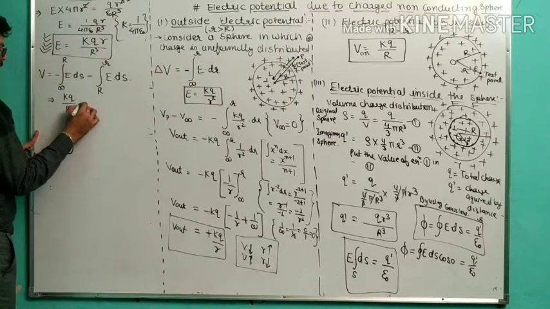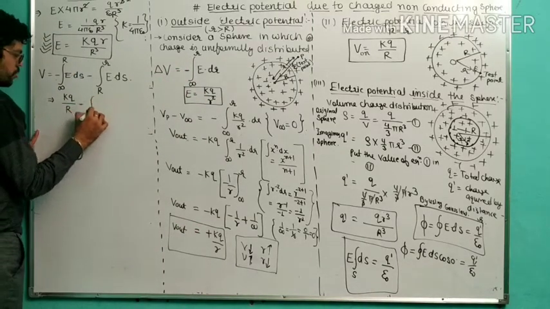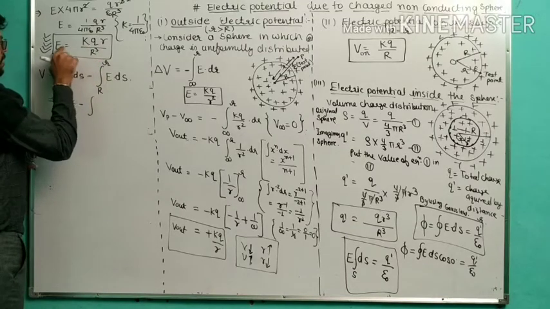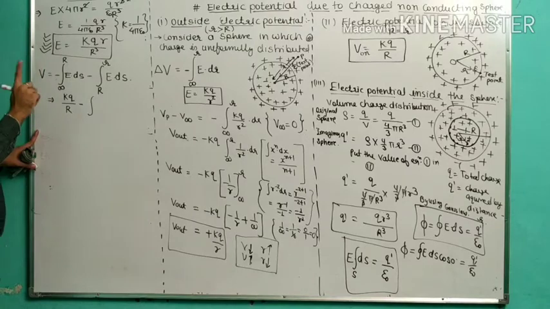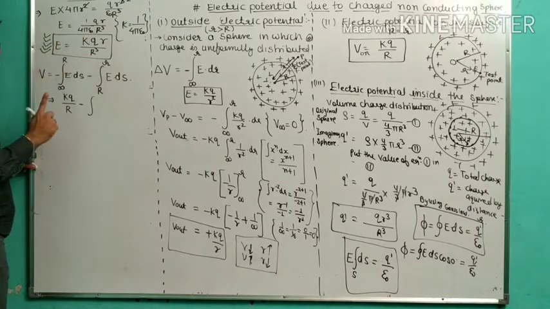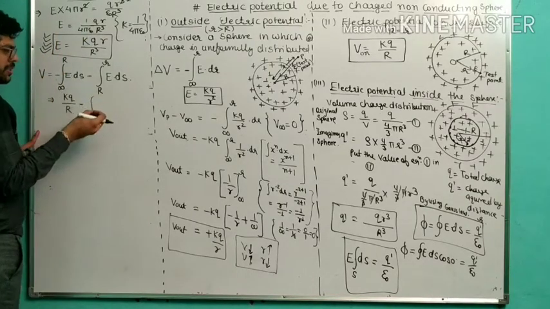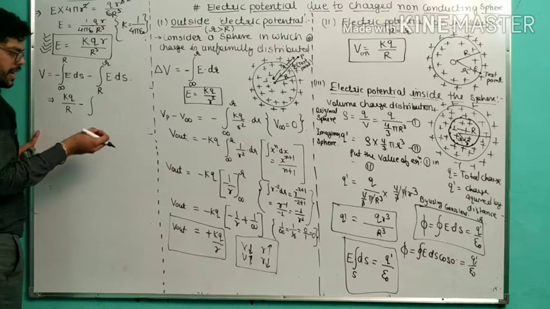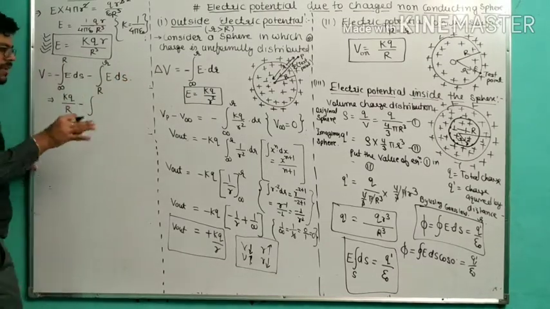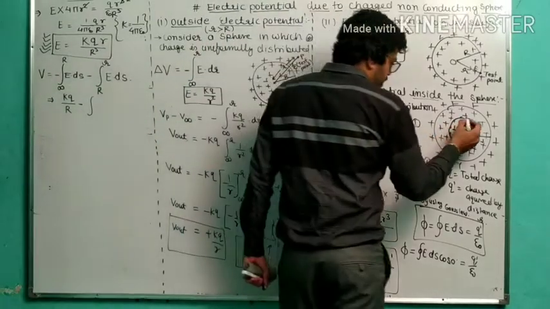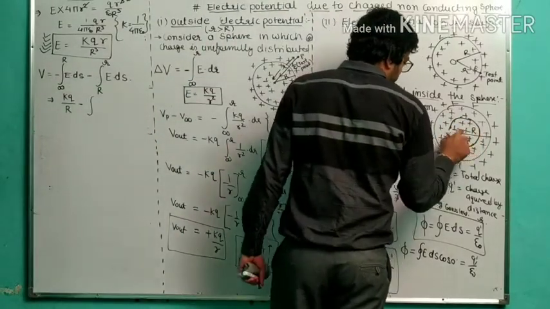Now the second integral we are going to solve. As we got it, when we are bringing the test charge from outside to inside, some particular charge is left behind. So what is the remaining charge? Whatever charge is included or enclosed, we have to find it.